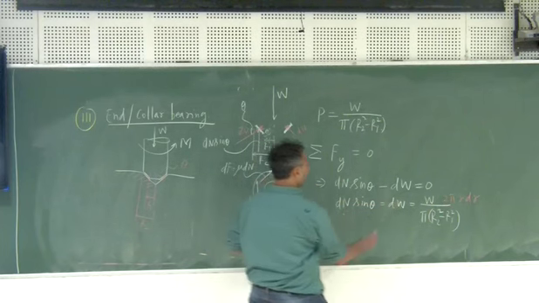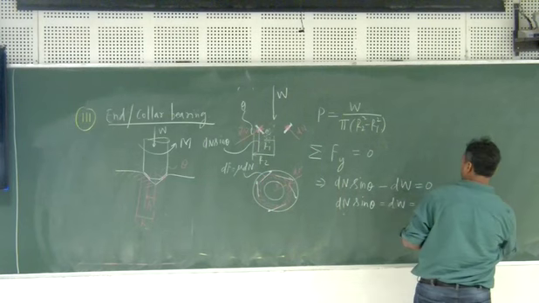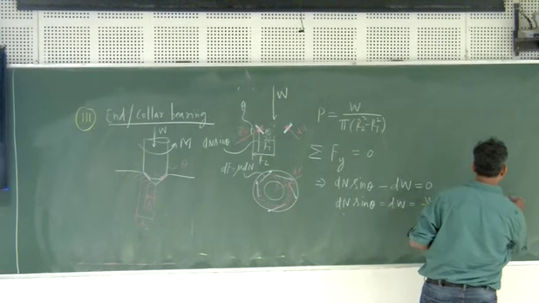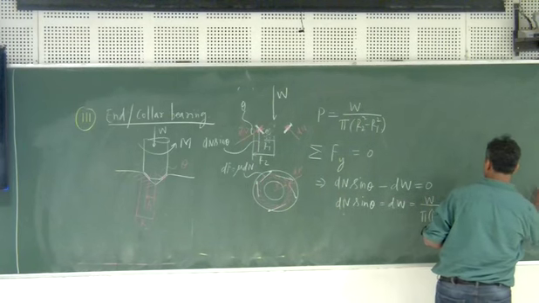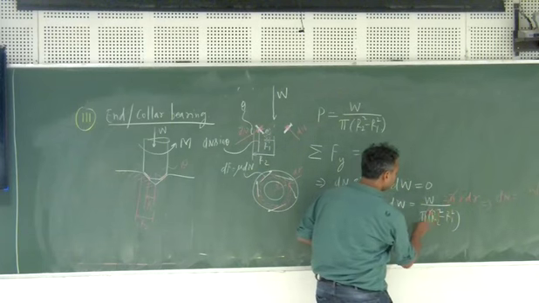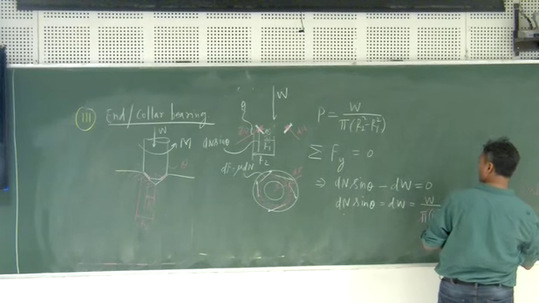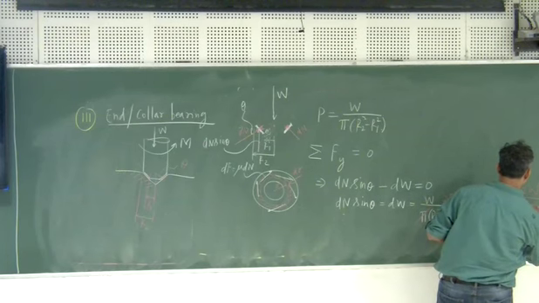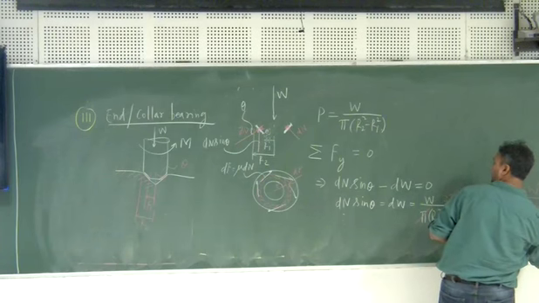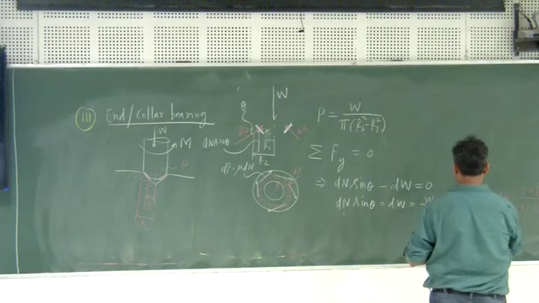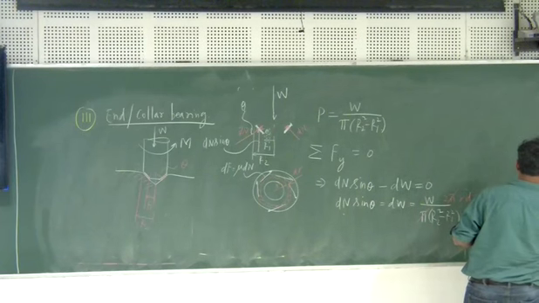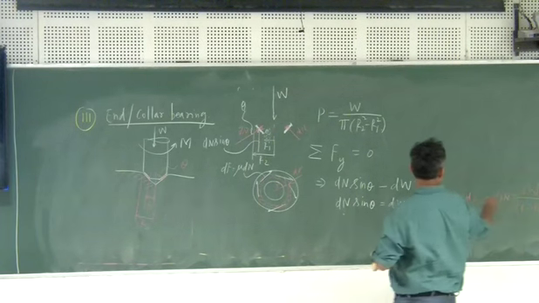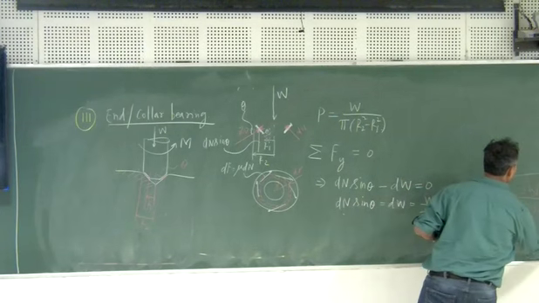So if you try to use this particular expression, you are going to get dN is equal to W divided by r2 square minus r1 square and sine theta, and r dr. So it means that your dN is given by this particular expression.